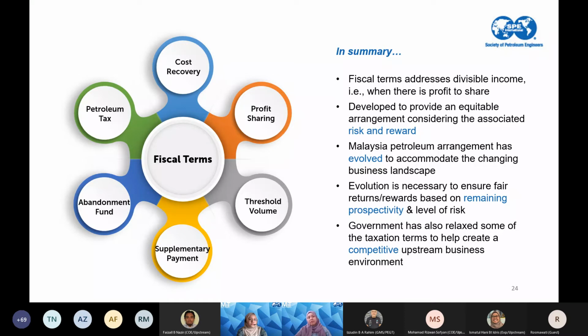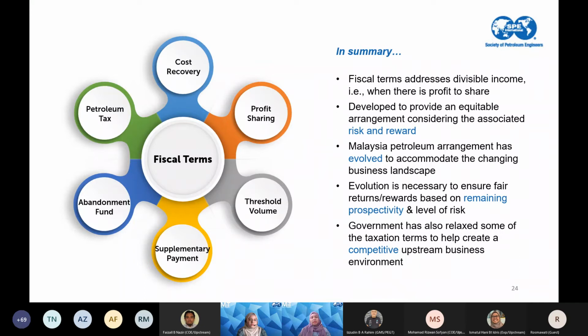There are other things that the government has done that are not part of what I've covered, essentially the tax. The government of Malaysia has offered a lot of tax incentives to remain competitive in the upstream business, such as investment tax allowance, marginal field incentives, and things like that.